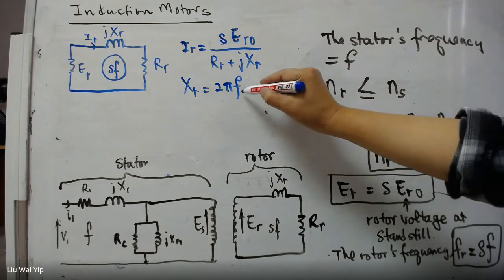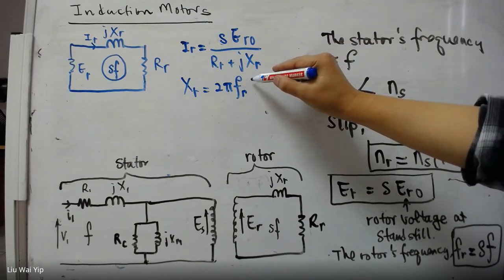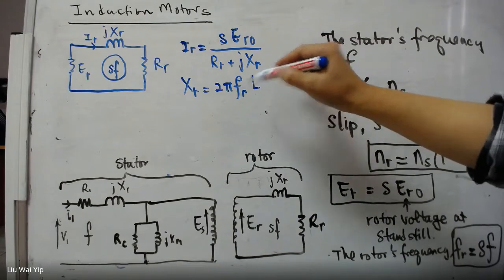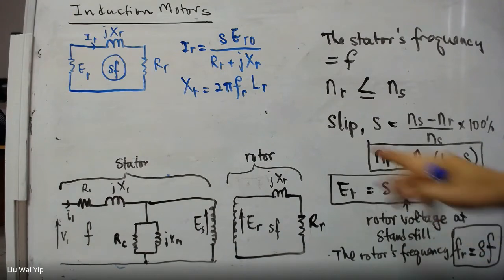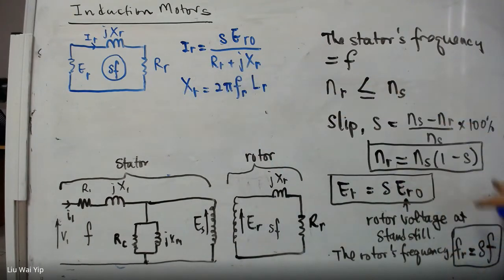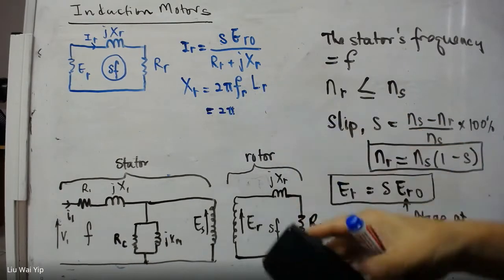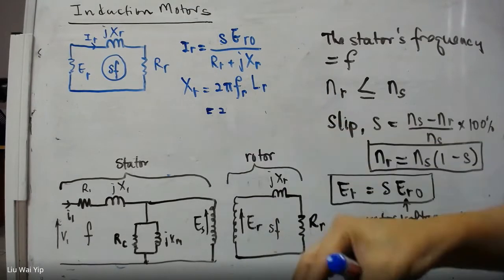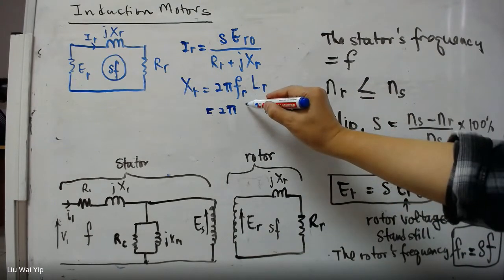The frequency of the rotor is FR, times the actual inductance of the rotor. And this is the so-called inductive reactance of the rotor. But then, according to the formula here, the rotor frequency is actually SF.